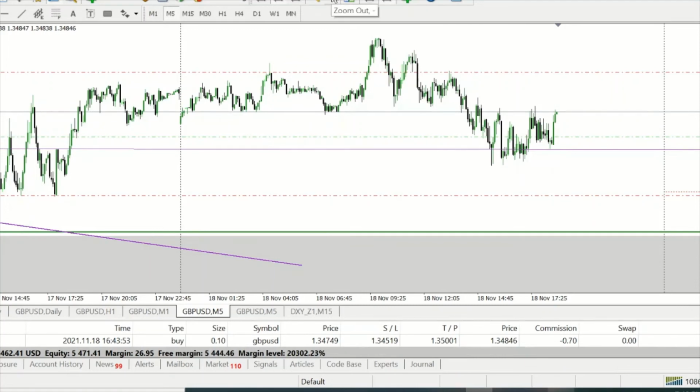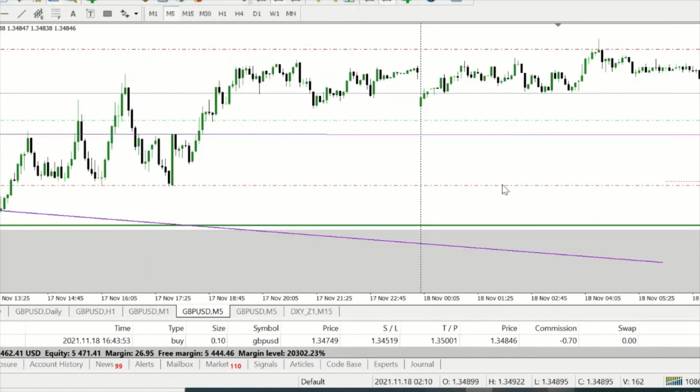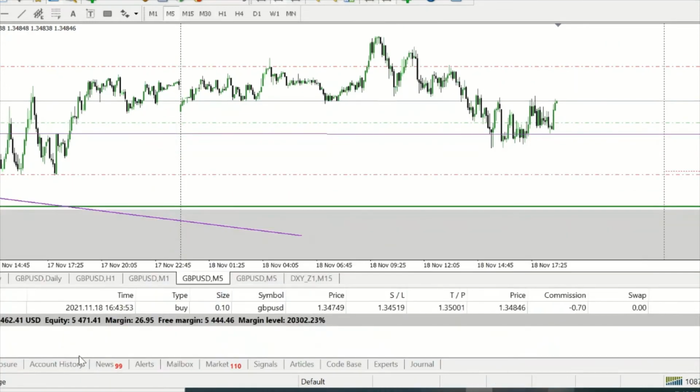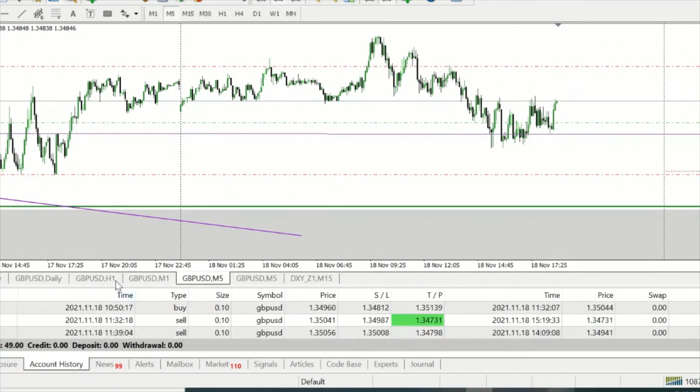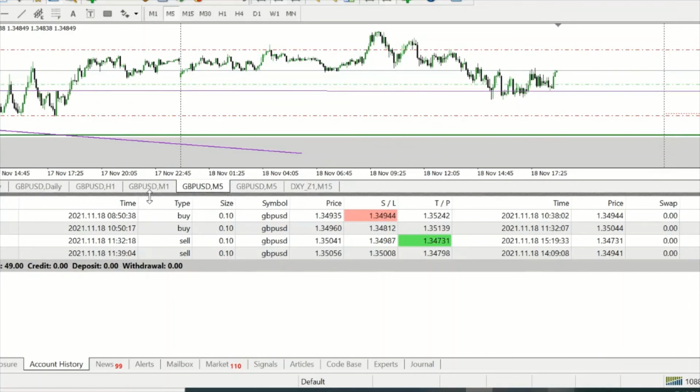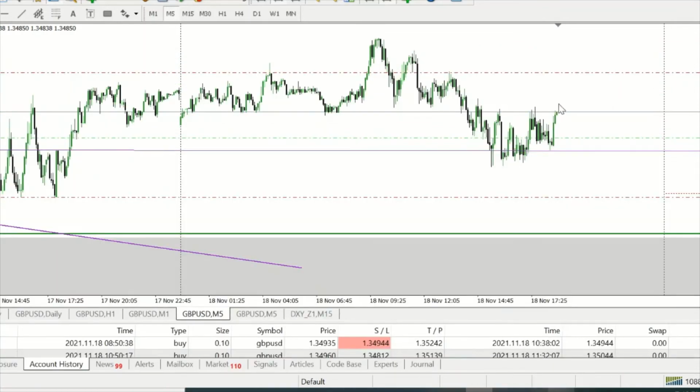Today I was trading the breakers also, and I made money in both directions in demo account, and 2 trades were sell and 2 were buy. Now I'm buying again.